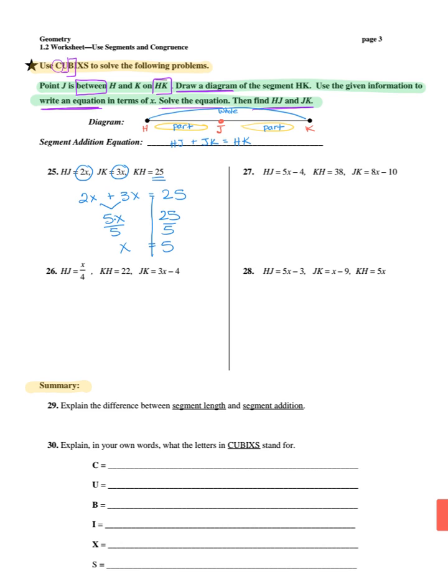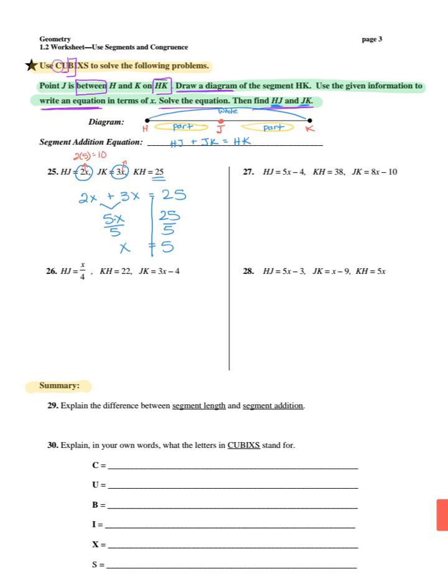The last part of the question asks us to go up here and find HJ and JK. So I'm going to take my 5, and I'm going to plug it into the problem. HJ is 2x, JK is 3x. So right here, I'm going to go 2 times 5, which gives me 10.